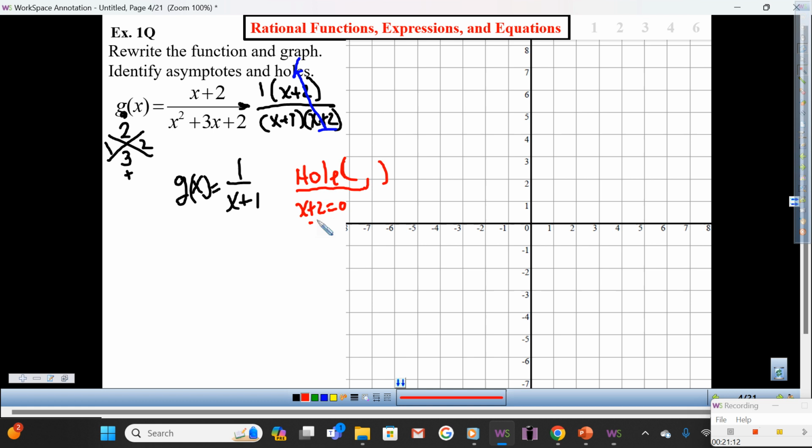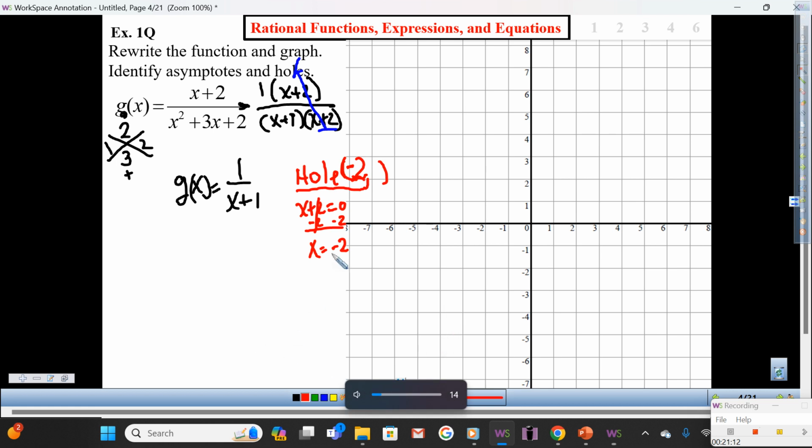And we solve. Minus 2, minus 2. X equals negative 2. It goes here. This one right here. Tell your neighbor what to do from there, and then Anthony D is going to pass someone.